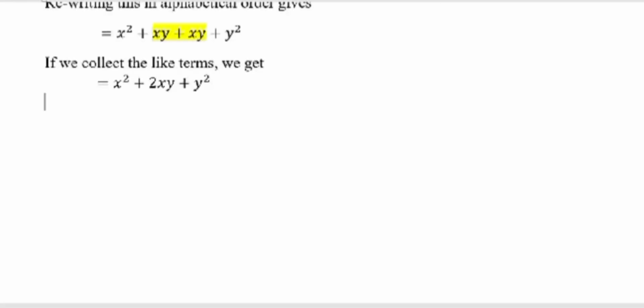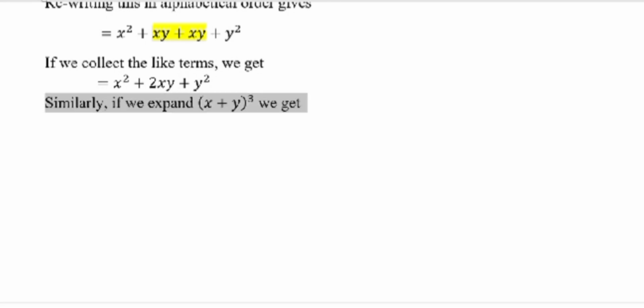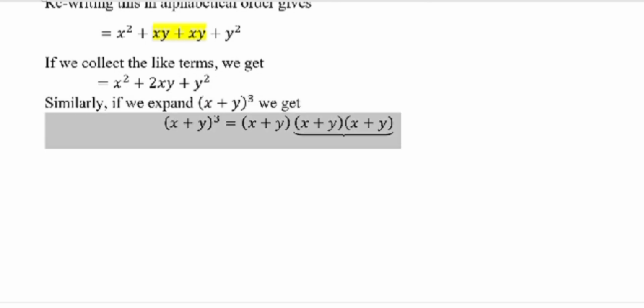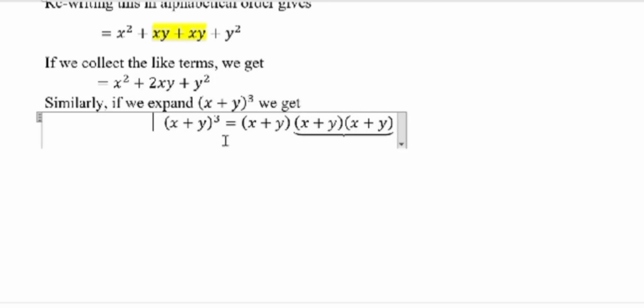Now suppose we have another binomial, x plus y cubed, and we are supposed to expand it. We shall get x plus y cubed being equal to x plus y times another x plus y times another x plus y, as I've indicated here.